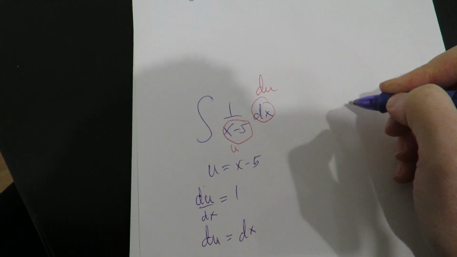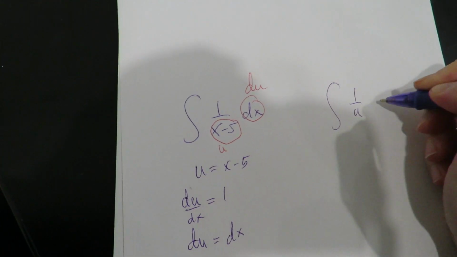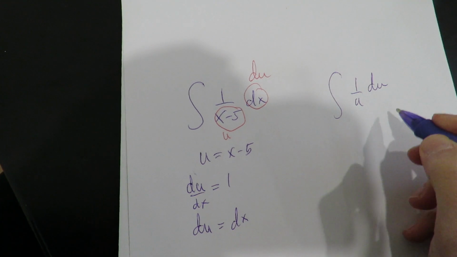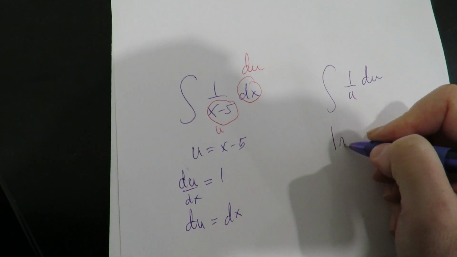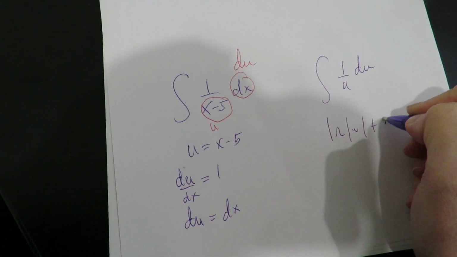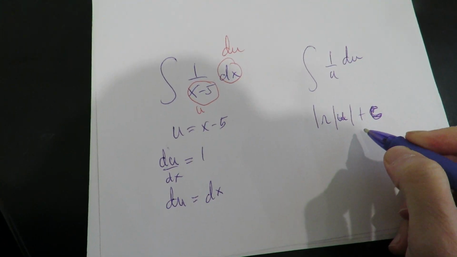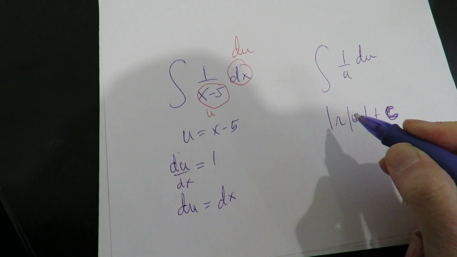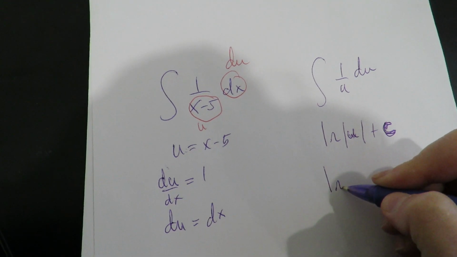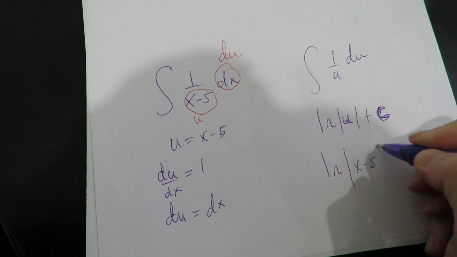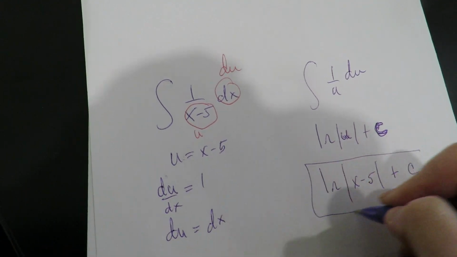Now I'm going to rewrite it in terms of u. So now when it's in terms of u, I can say ln of u plus c. And then just remember at the very end, you have to plug back in the definition for u. So this is the definition of u. So ln of x minus 5 plus c.